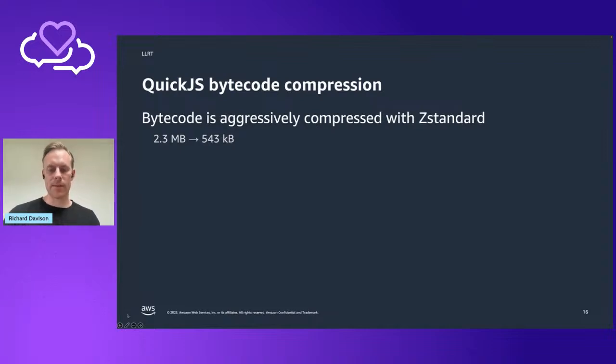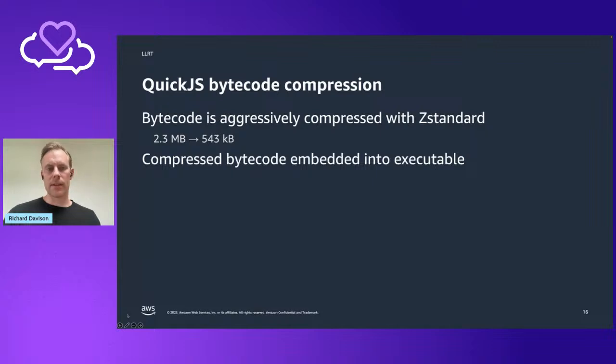So it's a massive reduction in size. And the compressed bytecode is then actually embedded inside of the executable itself. So there's no additional file reads. It's simply inside the file that you're running, inside of that bootstrap file that we saw before. And it's stored in a perfect hash function, or a perfect hash table.